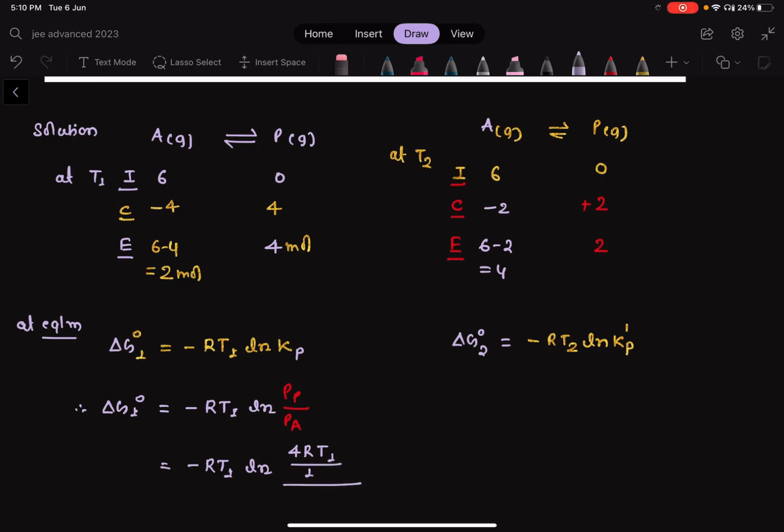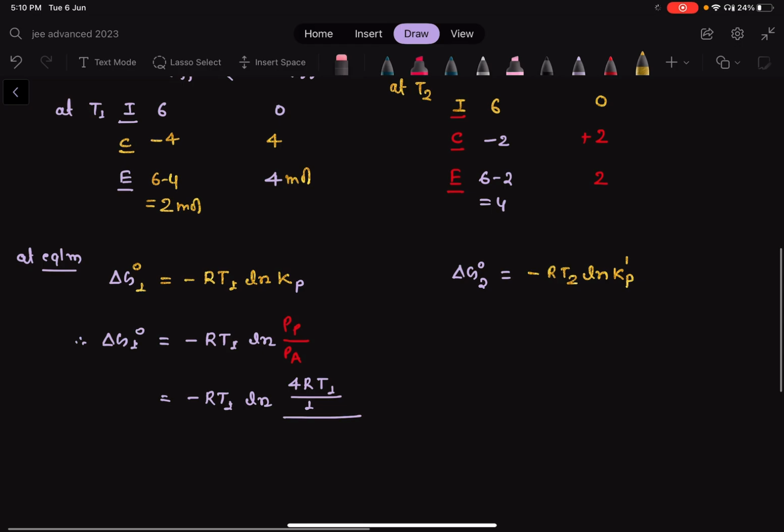Similarly we can write for A: 2 RT1 divided by 1. So this value will be equal to minus RT1 ln 2. So this is delta G1 naught.